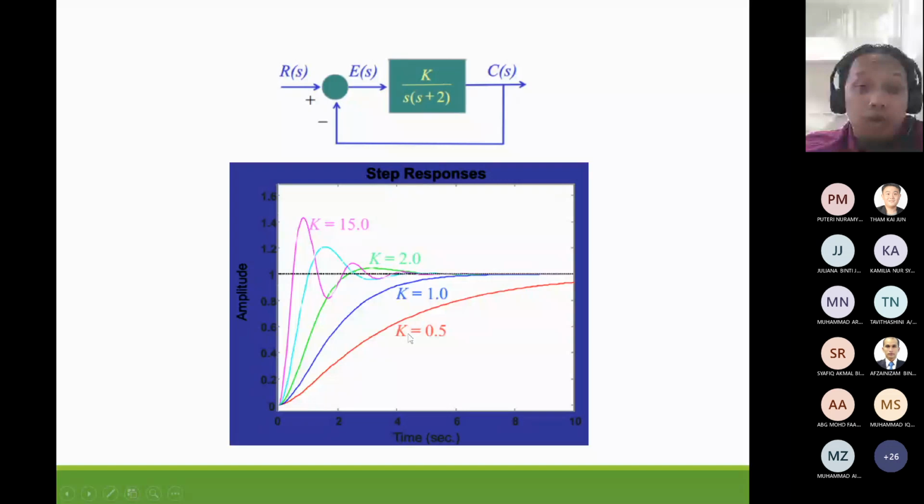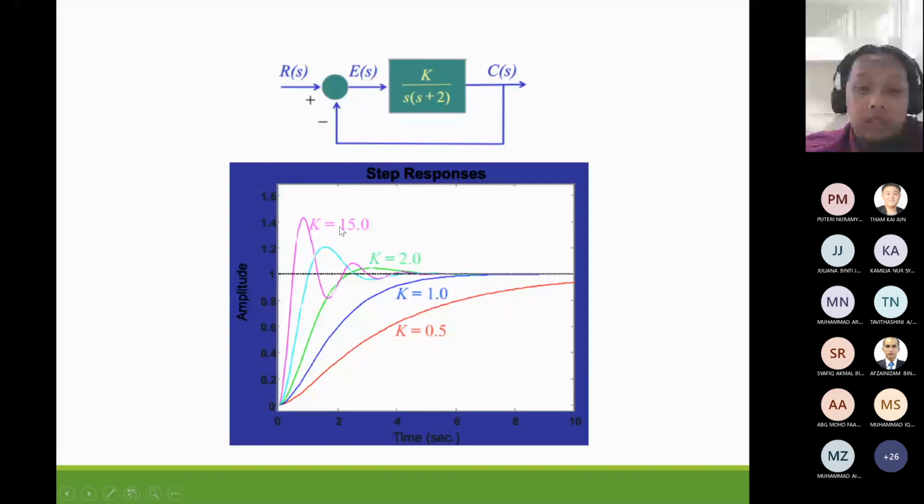For example, if you use k equals 0.5, then the system is, I think, overdamped. An overdamped system will reach the steady state value, but it will take a longer time to reach it.